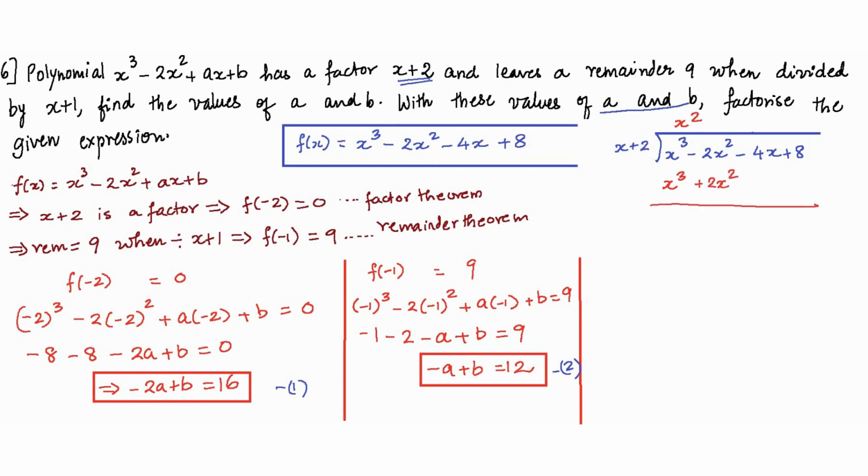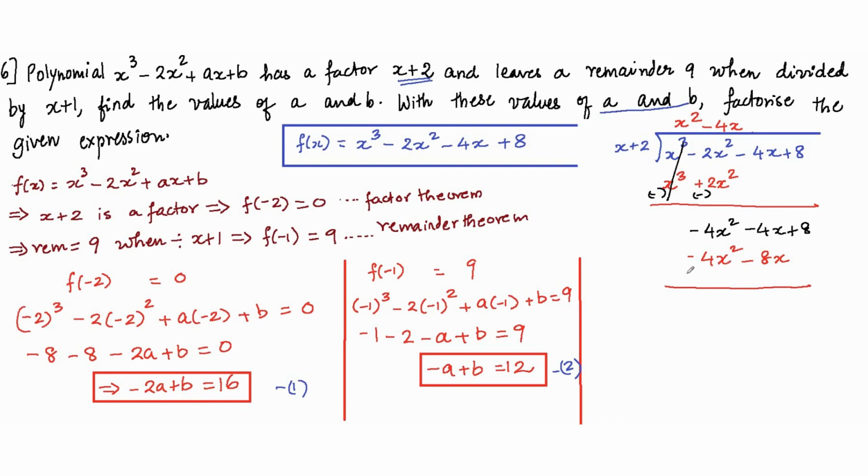Let us now subtract. So when I subtract, I know that x cube minus x cube cancels. Negative 2x square becomes negative 4x square. Negative 4x plus 8. Now let me find the right quotient. So x into minus 4x will give me minus 4x square and 2 into minus 4x will give me minus 8x. Let us now again subtract.